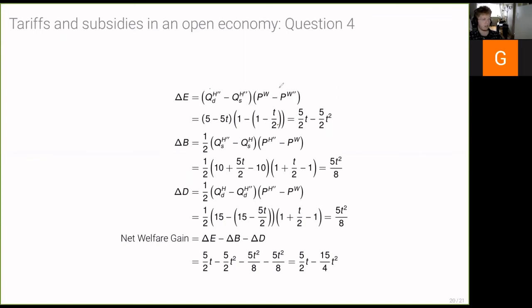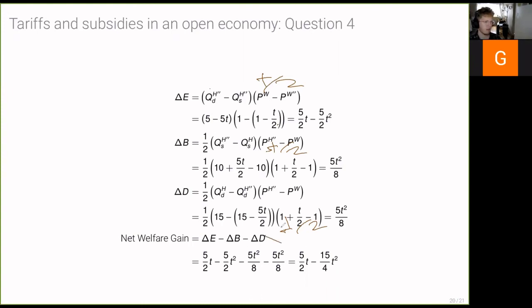In each of these, we're going to plug in t over 2, and in these we're plugging in the differences between the quantity demanded at home initially and the new quantity demanded at home, and the new quantity supplied at home minus the new quantity supplied.